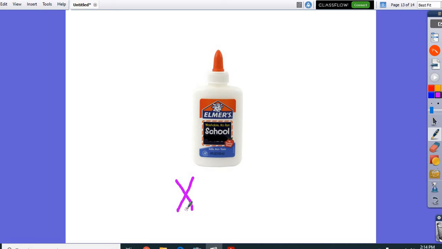Because when you blend 2 letters together, it makes one sound. So gl, and then there's the oo sound. Just 2 sounds in glue. That one was a little tricky. A lot of people think it's 3 because they think it says g, l, and then oo. But when you say glue, you don't say g, l, oo, do you? No, you say gl, oo. So the G and the L make one sound.